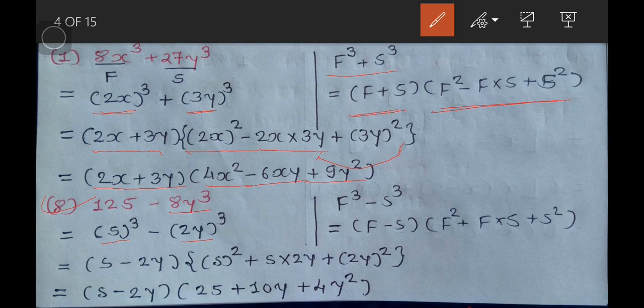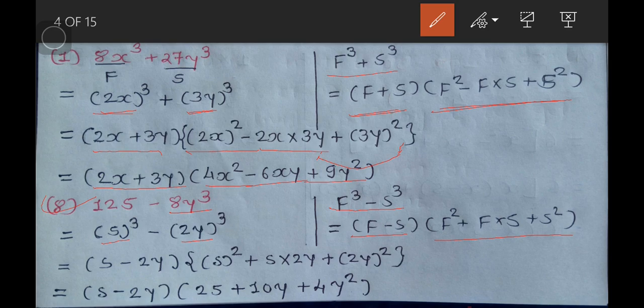So here our formula is f cube minus s cube. If between two terms there is a negative sign, then we use this formula, f cube minus s cube, and we factorize it as (f minus s) in a bracket, f square plus f into s plus s square.